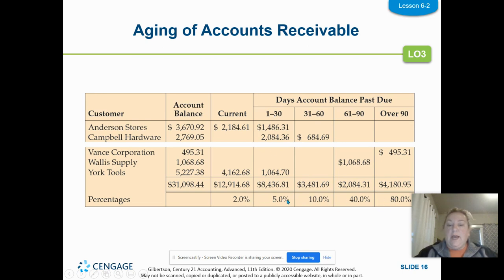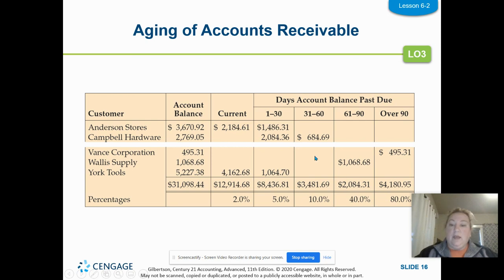These are our estimates of how much we're not going to be able to collect. Notice for over 90 days late, we're going to assume that we're probably not going to collect 80% of those, or for 61 to 90 days, 40%, or for 31 to 60, 10%.